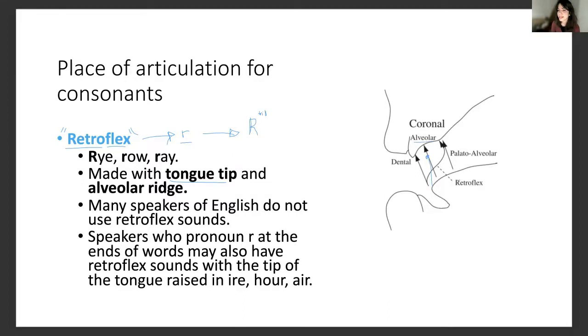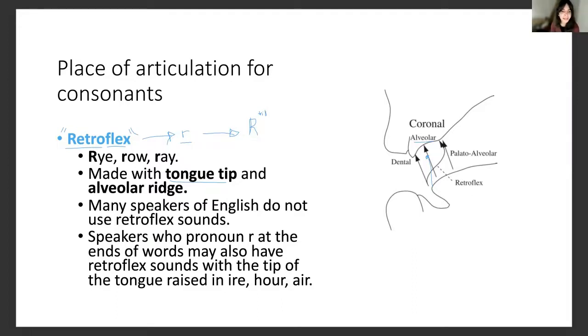So if you can see, there's like a little line here to talk about the retroflex. It's my tongue curling back towards the alveolar ridge, but it doesn't touch it. So it stays in this kind of in-between region between my tongue and this region. So it stays in this line. So that's called the retroflex.